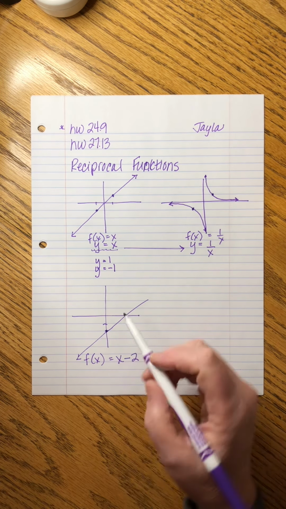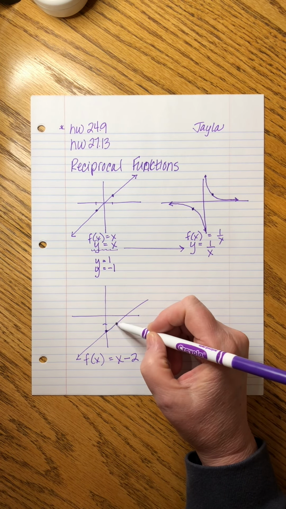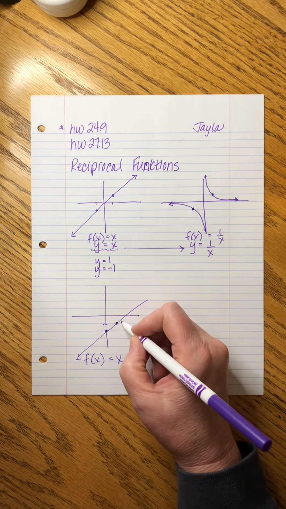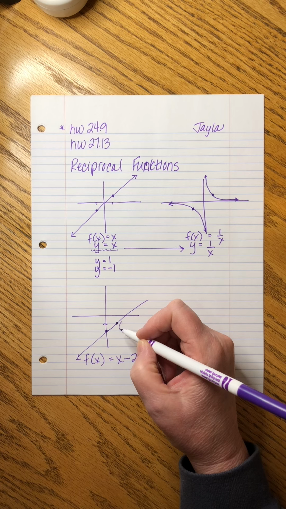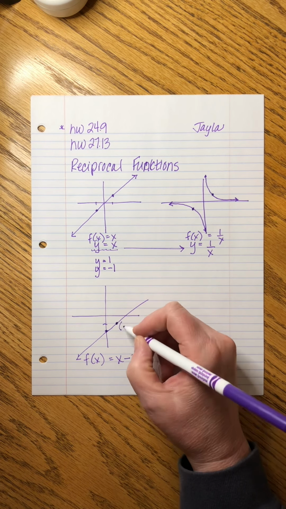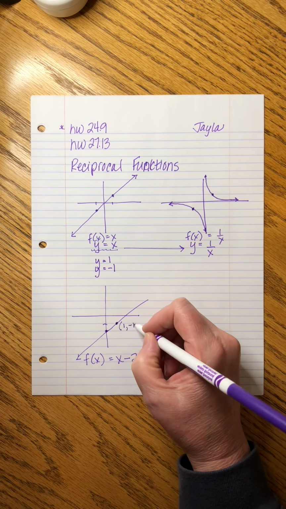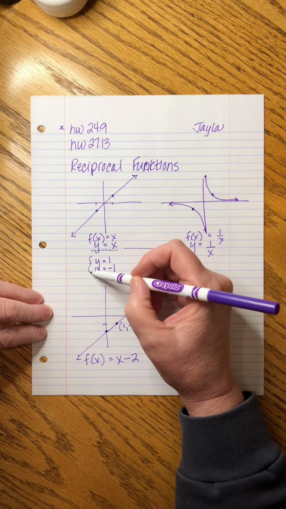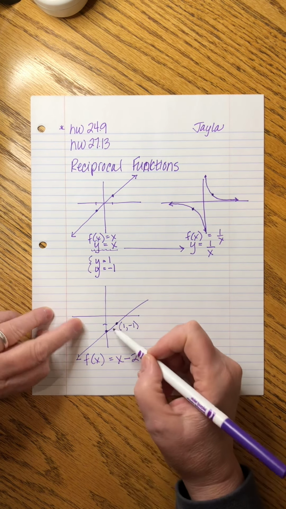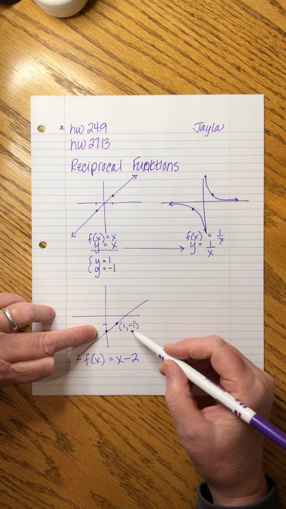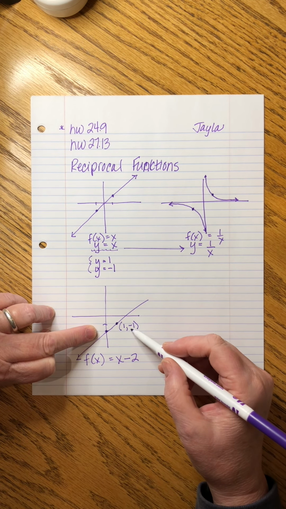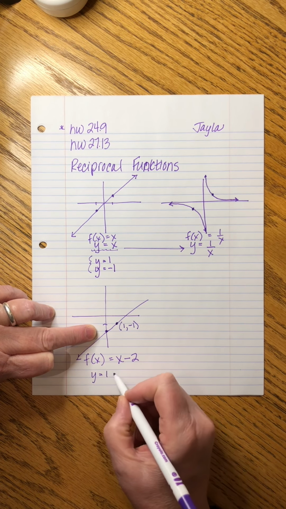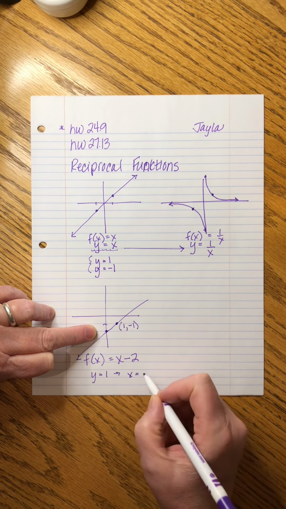It's going to be at -1 right there, and if you put in the point, it will be +1, -1, right? We want the place where y equals 1 and where y equals -1. On this one, y will equal -1 when x equals 1, right?